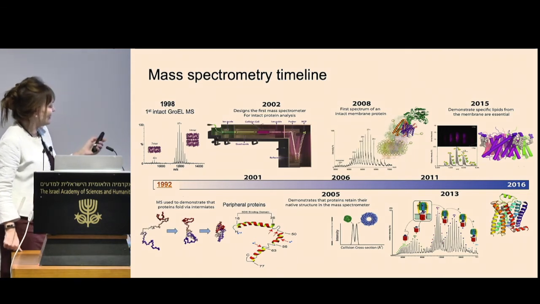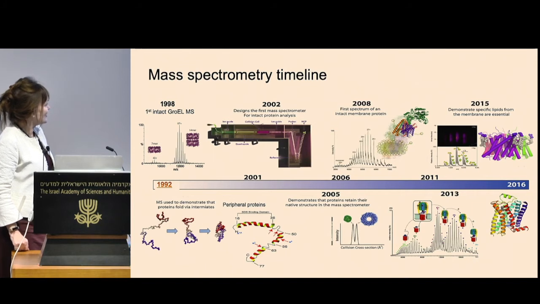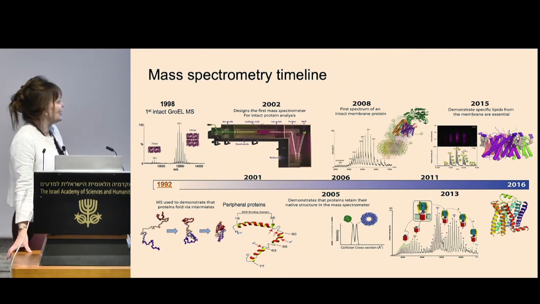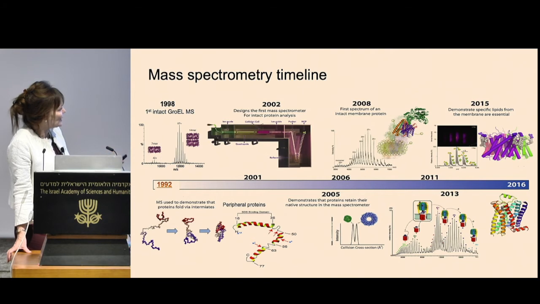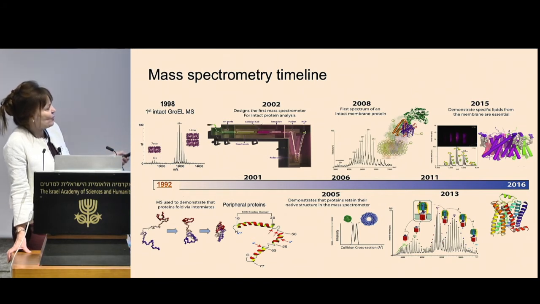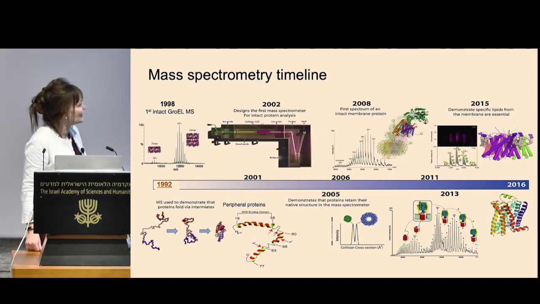So this is my timeline of using mass spectrometry, starting in '92 to look at folding intermediates, peripheral membrane proteins on the surface of membranes, designing these instruments and persuading people to help me to build them. And then really our breakthrough came when we could release things from detergent micelles, because that led us into the world of membrane proteins.